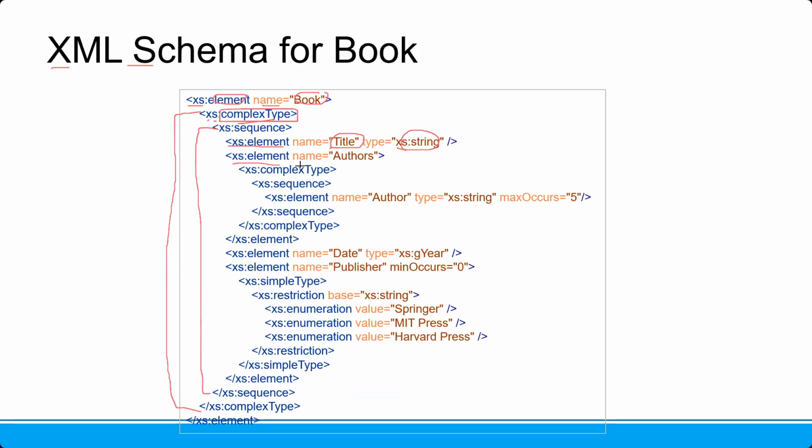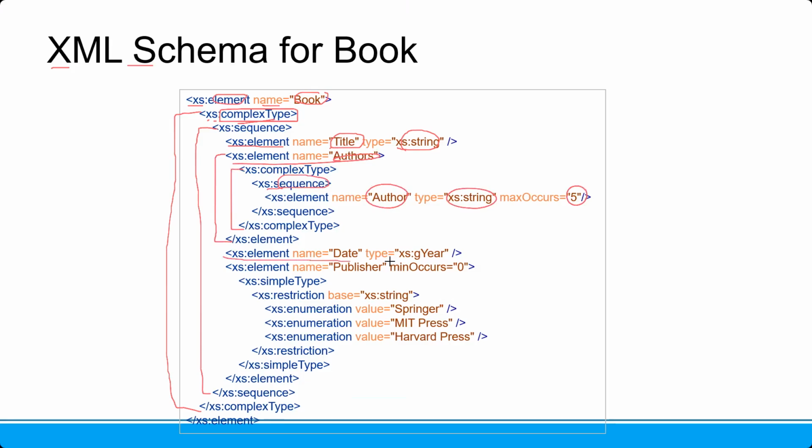The second element will be authors, and authors contain another complex type, which is a sequence of an element we call author, and the data type will be string with a maximum of 5 authors. And we will close the element.